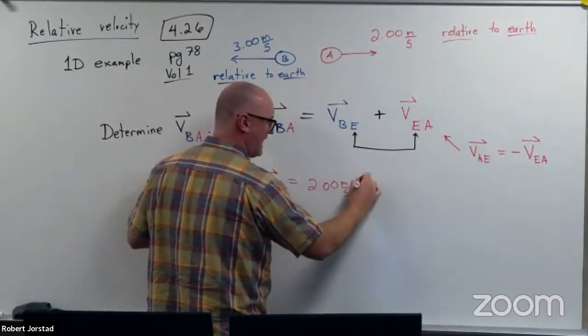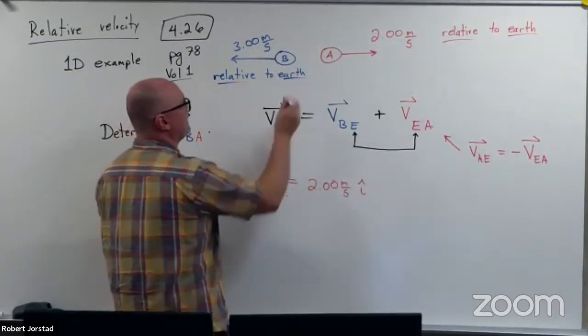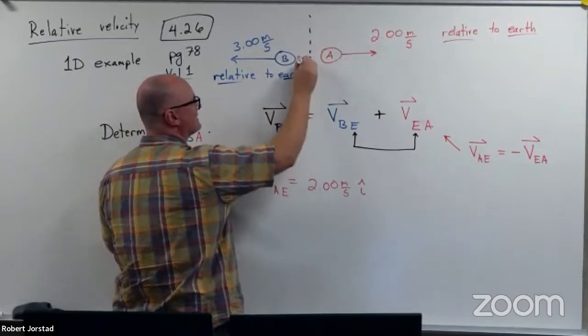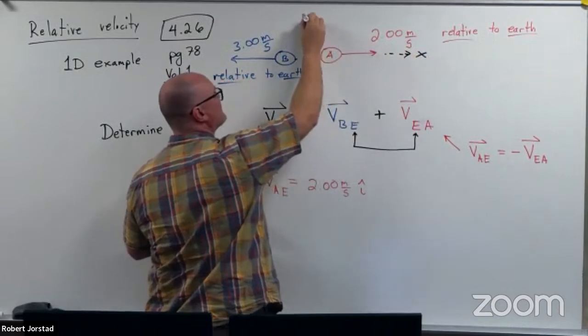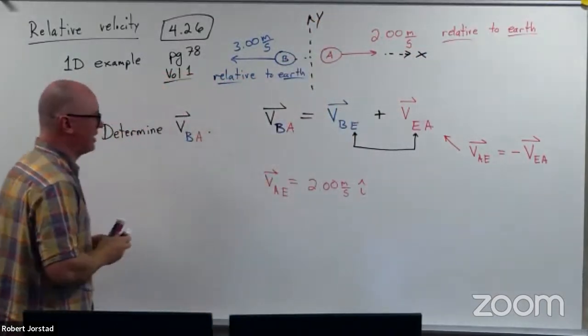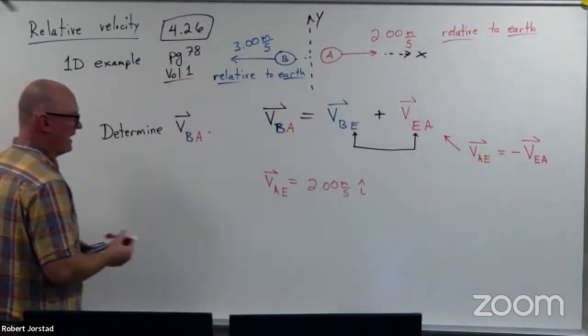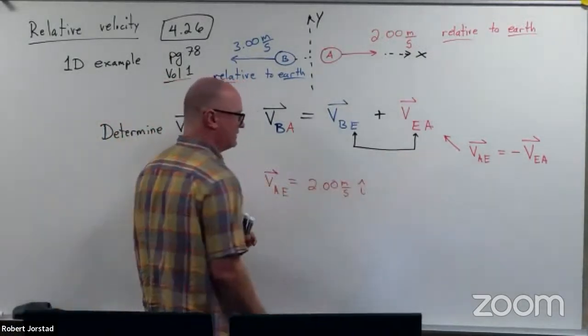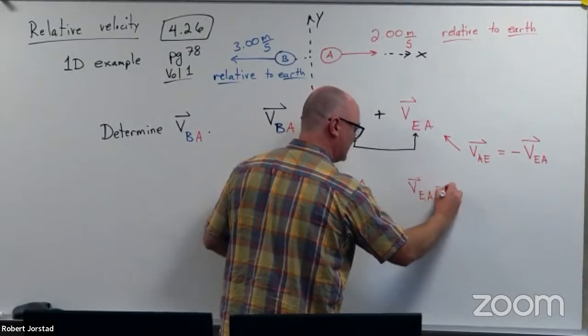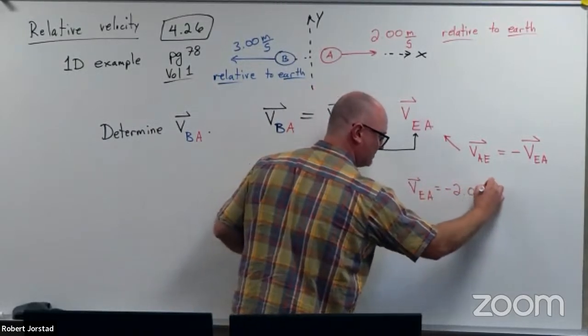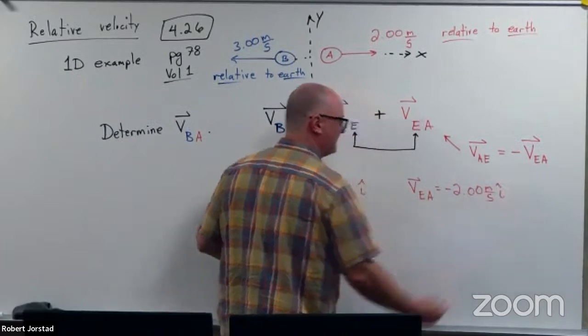We're going to call that I hat. So we're assuming here a normal coordinate system where this is the positive X direction and this is the positive Y direction in this problem. All right, well, if I use this result over here, that tells me that VEA is negative 2.00 meters per second I hat.